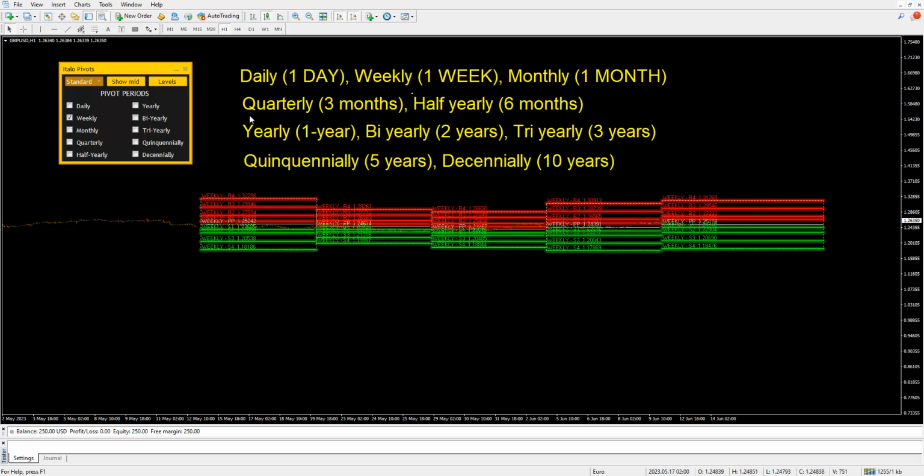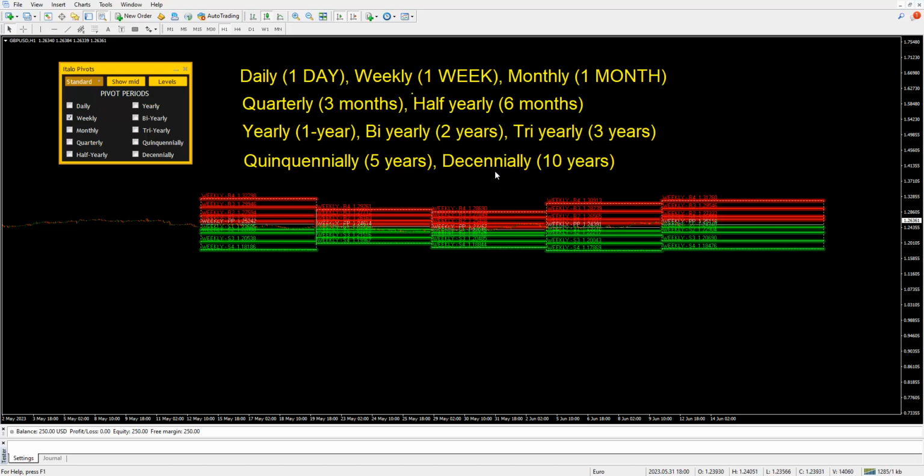This is calculated mathematically, where you have the daily candle from the last day, the weekly candle from the last week, the monthly candle from the last month, the quarterly candle, half yearly candle, yearly candle, bi-yearly candle, 3 yearly candle, quinquennially candle, and the senile candle.